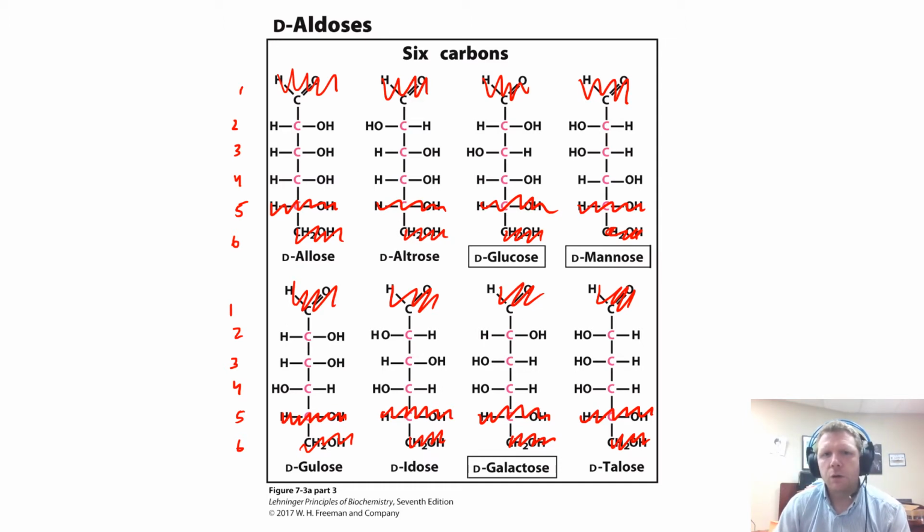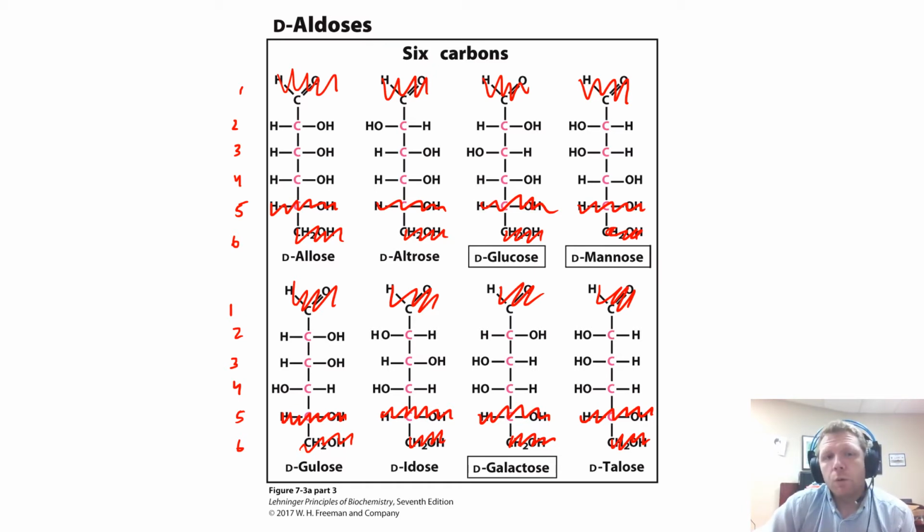I could give you a structure that shows all of these molecules and ask you to identify which sugars are C2 epimers of one another, which are C3 epimers, which are C4 epimers of one another. So I hope that makes sense. And I'll show you some examples before your actual exam.